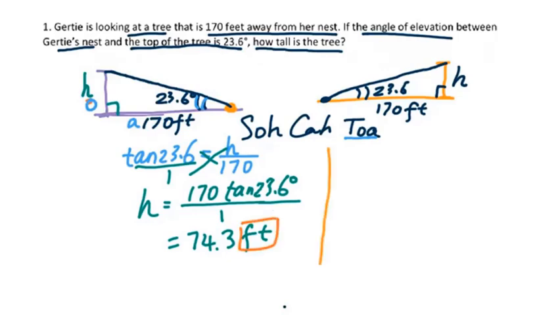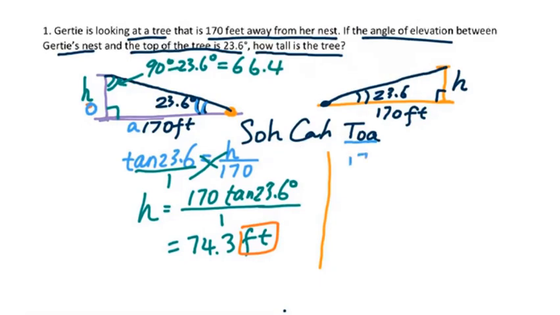The other way, I want to show you the sine law. When you're working on the sine law, you have to figure out this angle. This angle is 90 degrees minus 23.6 degrees, you will get 66.4. Therefore, you will do 170 over sine 66.4 equals H over sine 23.6.